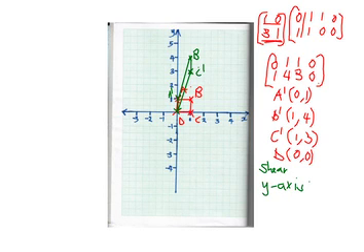We pick a point which is not on the invariant line and its image. So we are picking B, which is 1, 1, and has been mapped onto B prime, which is 1, 4.